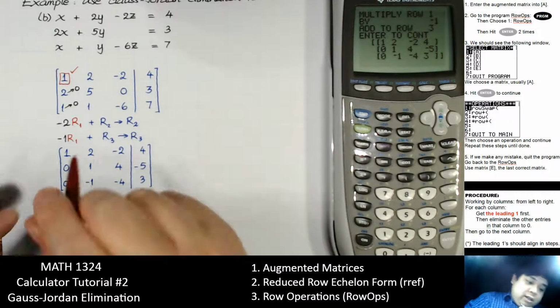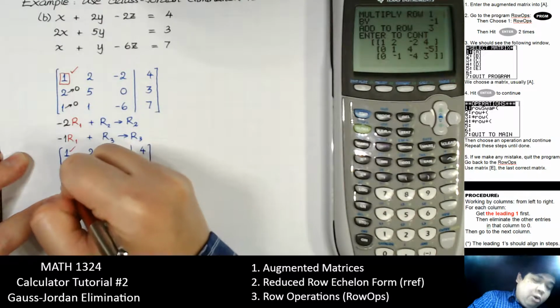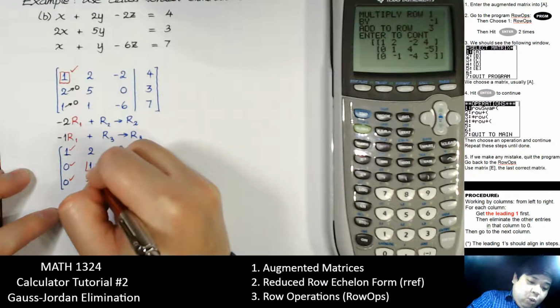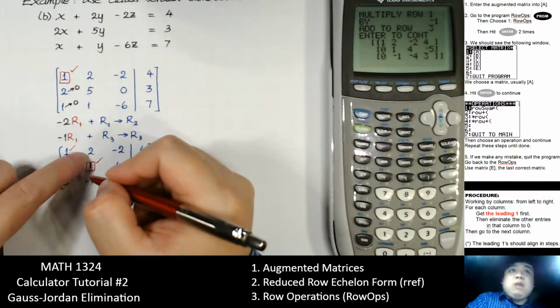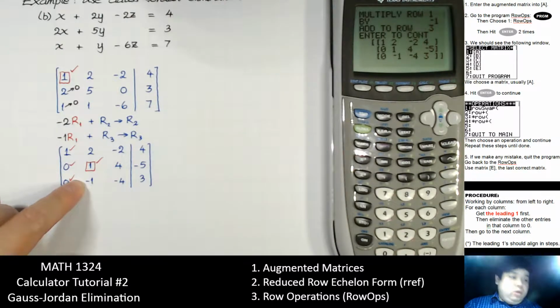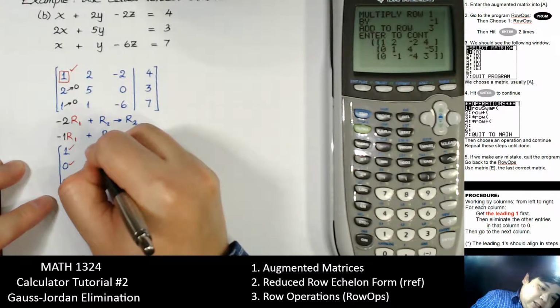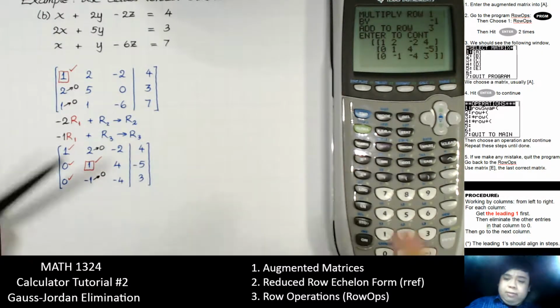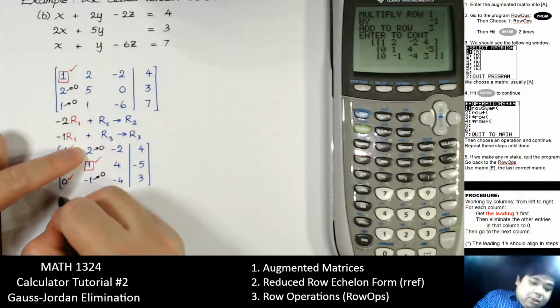Now let's check. We have 1, 0, 0, so the first column is good. Next column, we have the 1 already, which is good. Now turn this to a 0, this to a 0, for which we use the opposite.